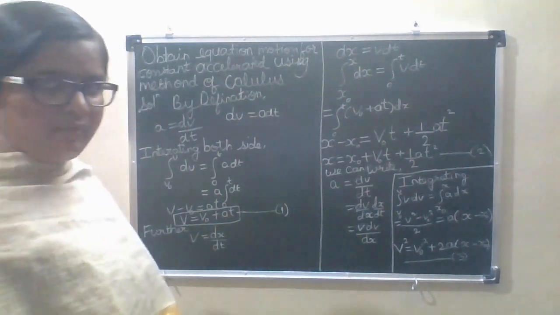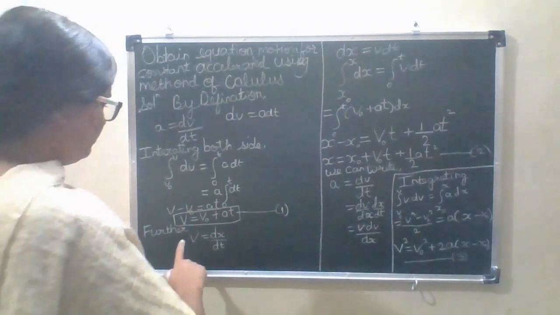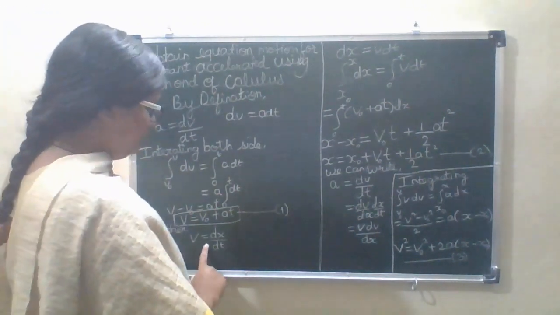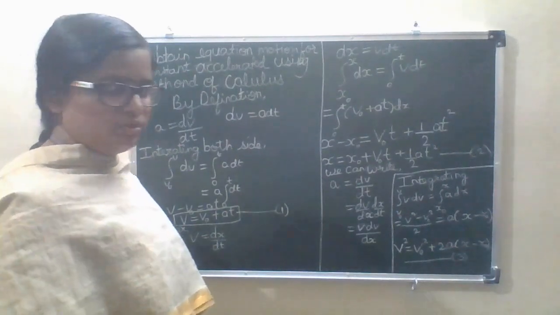Now further, v is equal to dx by dt, meaning position.